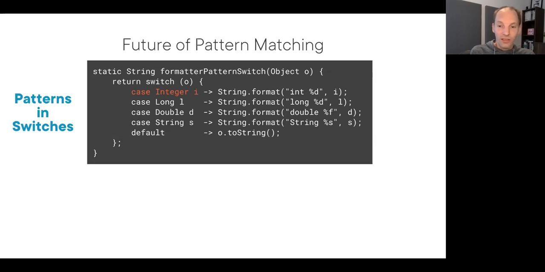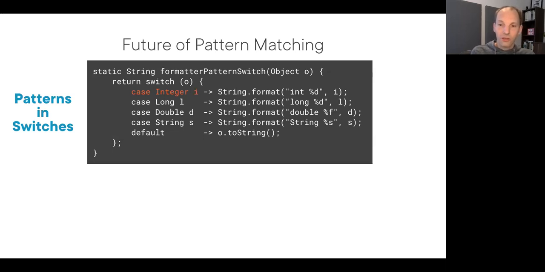So there we can see that in this case, we would have a case Integer i. And if this case matches, then on the right-hand side of this switch expression, we would immediately be able to use i as an integer without casting it, similar to what we saw for the pattern matching with instanceof.